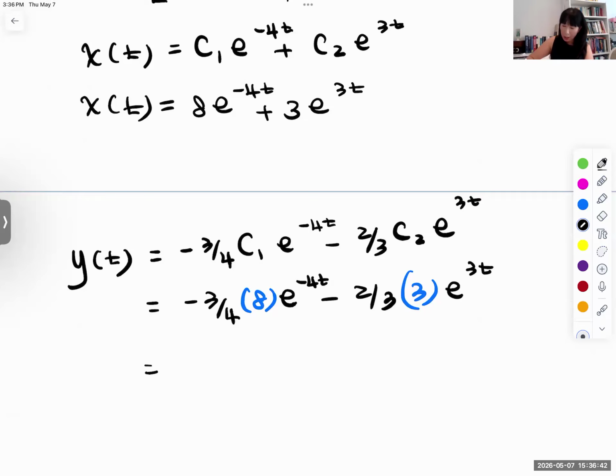Okay, we simplify. So it's a -6 e to the -4t, and we have a +2 e to the -3t. Make sense?